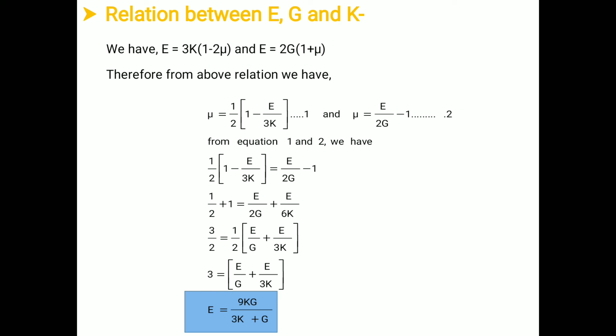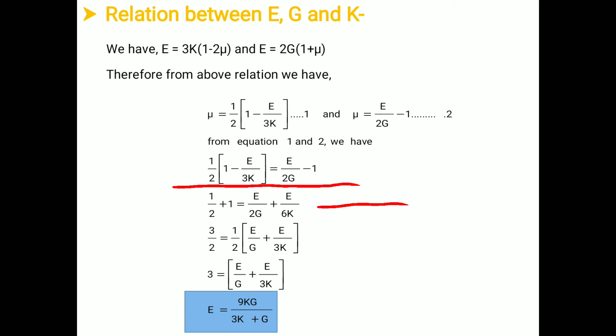I have 1 upon 2 into 1 minus E upon thrice k, which is equal to E upon twice G minus 1. After rearranging the equation, I have 1 upon 2 plus 1, which is equal to E upon twice G plus E upon 6k.